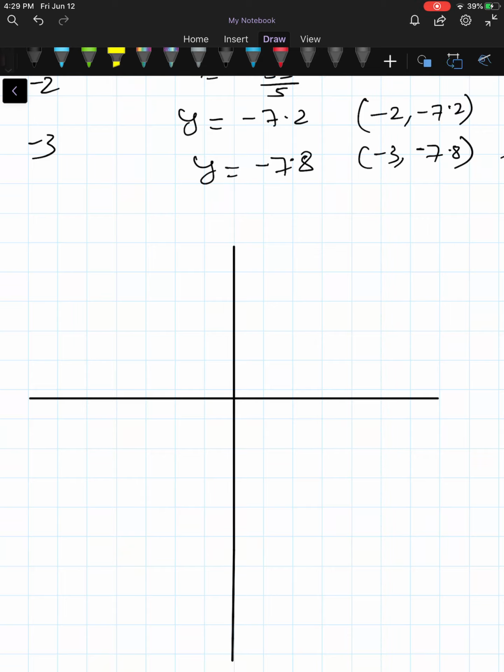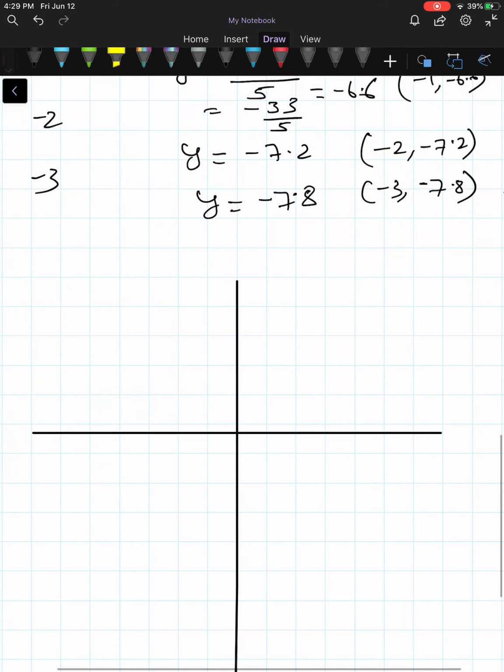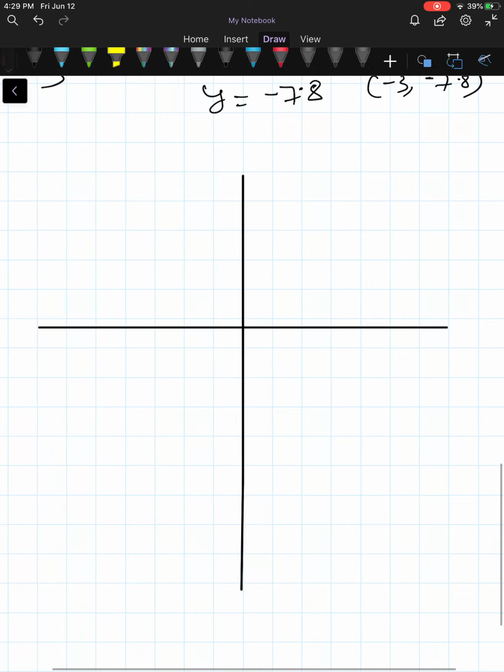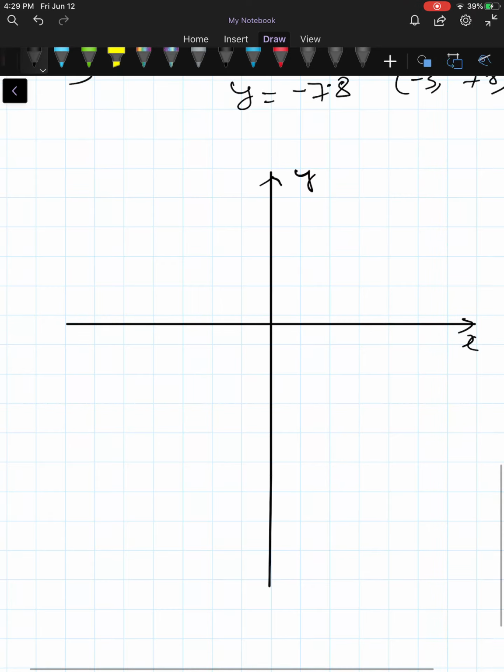Because I don't think I have positive y values, I made my negative side of y lengthier, so my plotting becomes easier. So this is our x and this is our y.